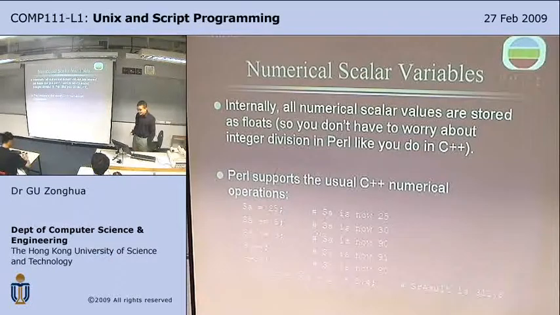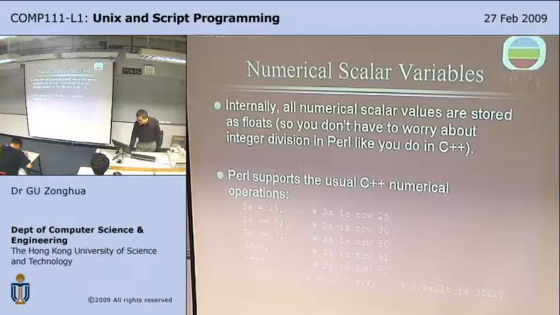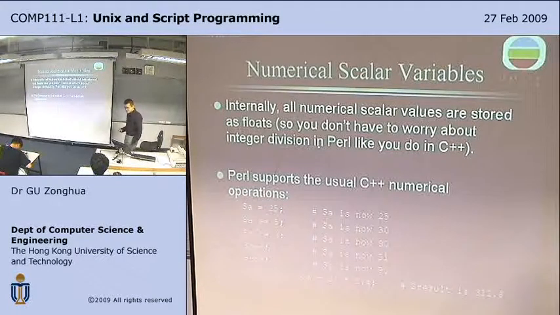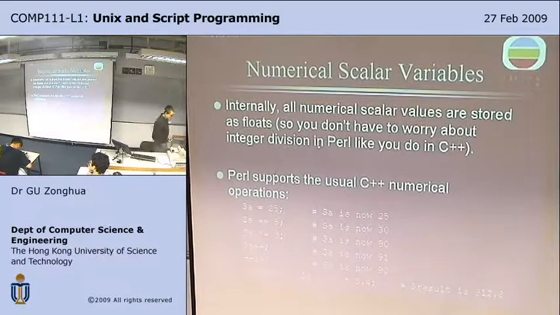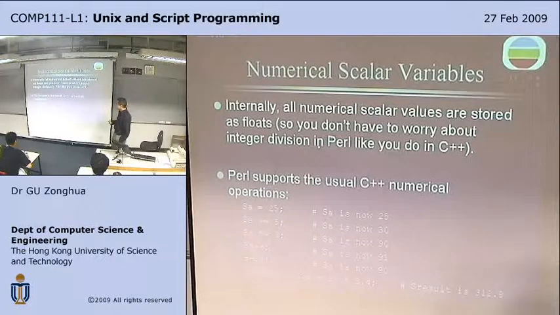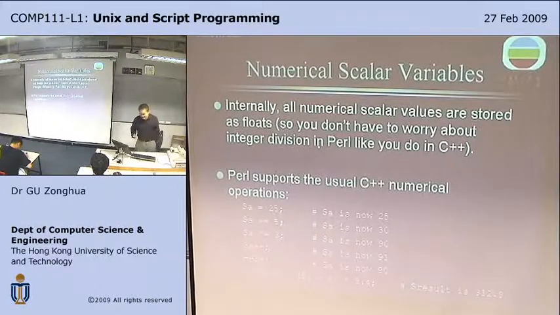All numerical scalar values are stored as floats internally. So you don't have to worry about integer division in Perl like you do in C++. Say you have 5 divided by 3. If you assign it to an integer in C++, you get 1. The fractional part, 0.667, is thrown out in C++.